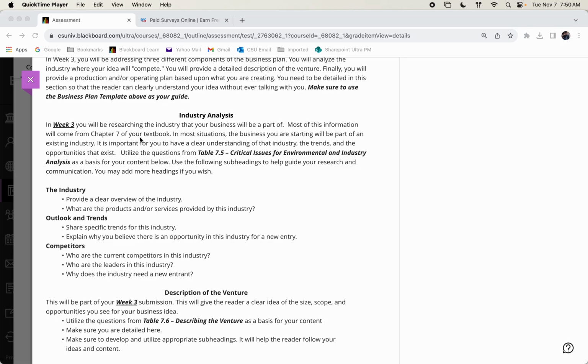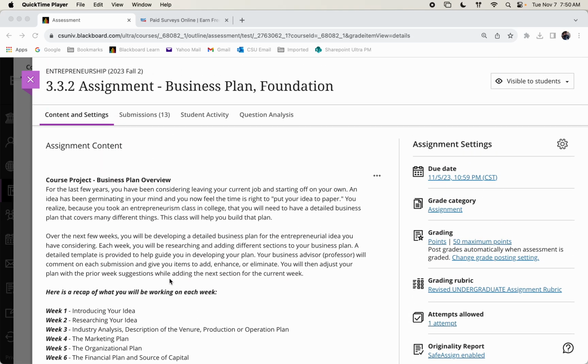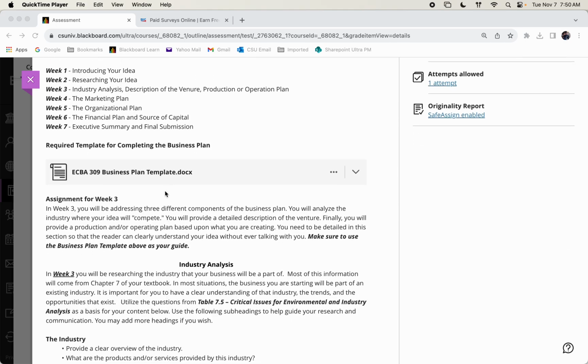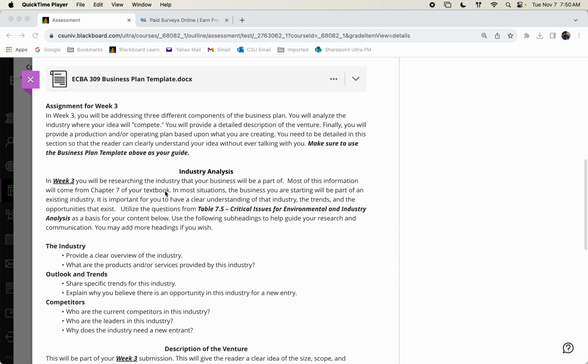So if you scroll down, see this is week three. This is the general stuff. This is the template that you'll need to access for the course, the business plan project, and then the specific detail here in week three.